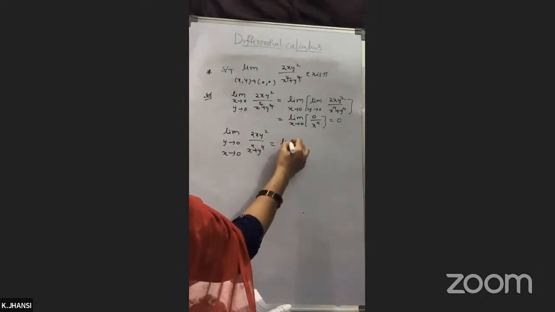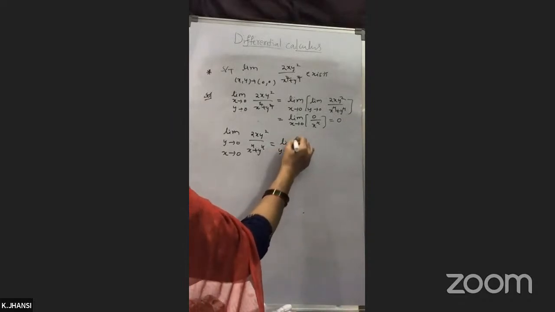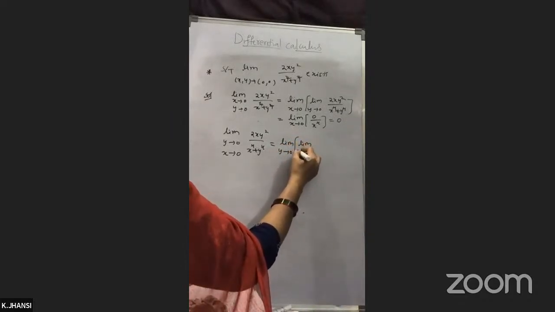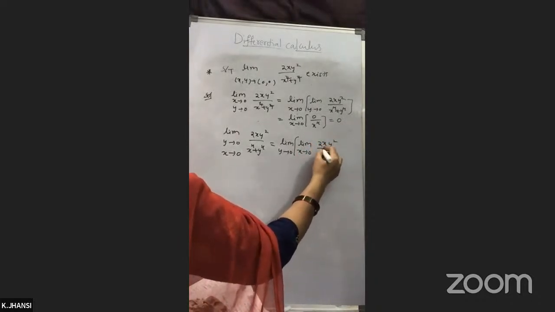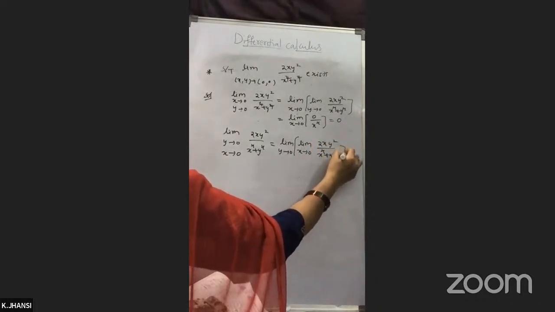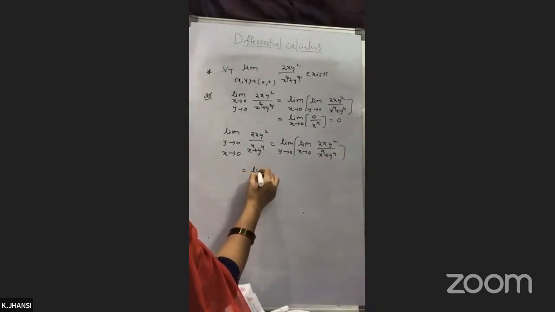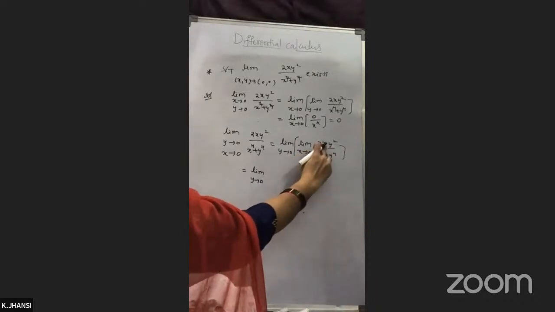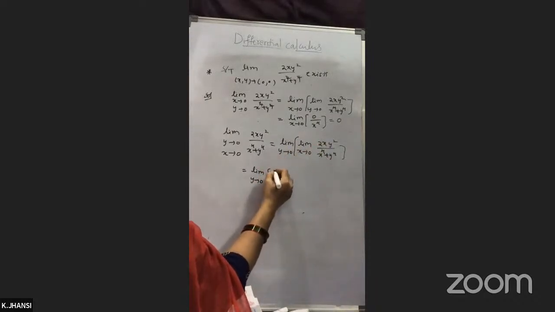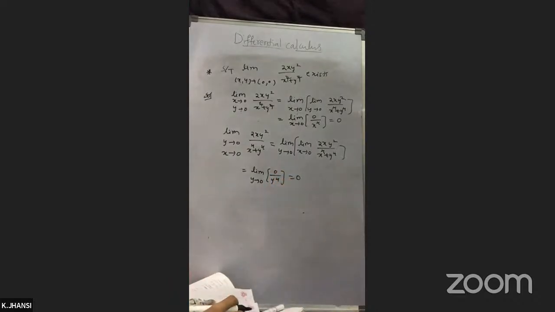So this is limit y tends to 0 of limit x tends to 0 of 2xy square by x to the power of 4 plus y to the power of 4. Here substitute the x value as 0. So 0 by y to the power of 4. This value is also 0. Okay, so both values we got are the same.